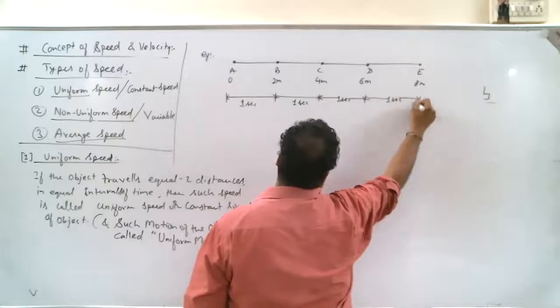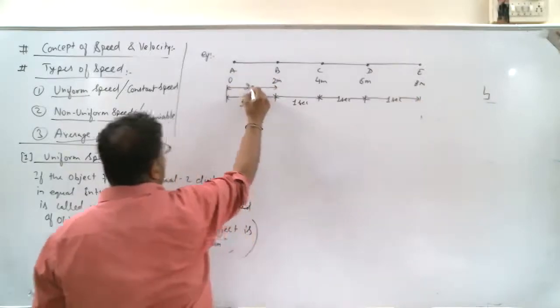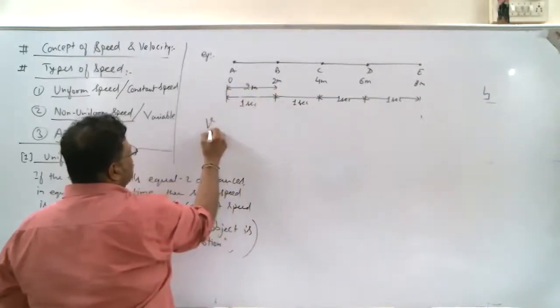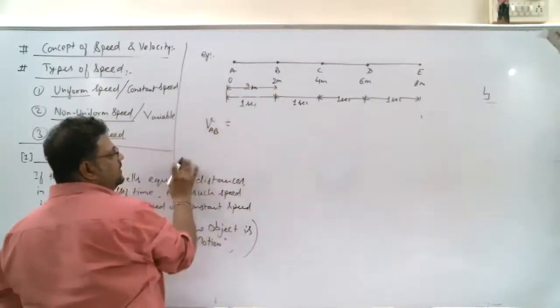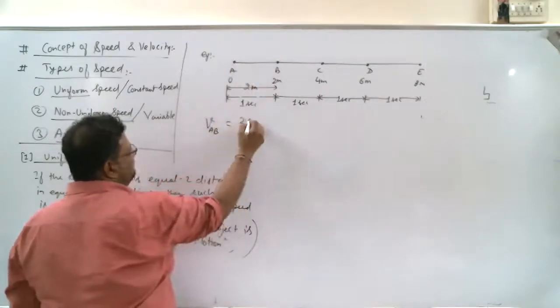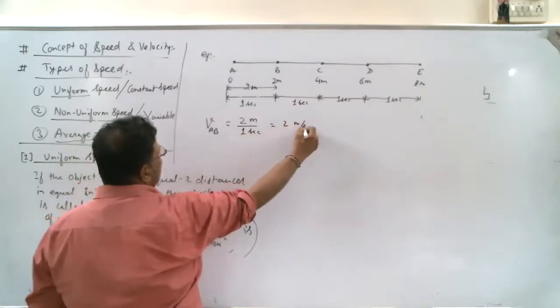So from A to B, how much distance has been traveled? 2 meter. If I write VAB, during A to B, how much distance is traveled? 2 meter in 1 second. So what is the answer? 2 meter per second.